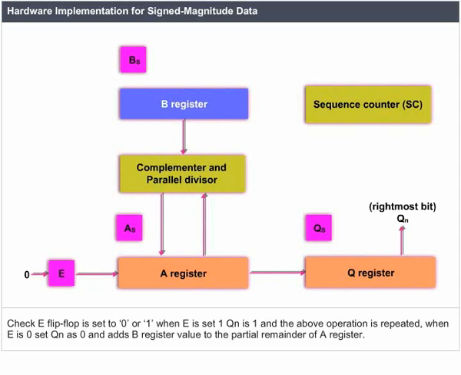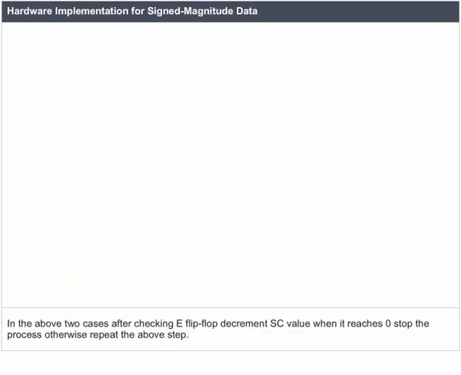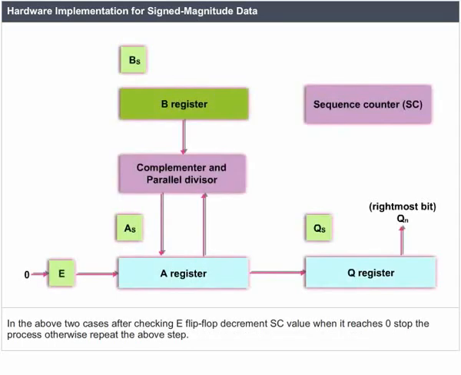When E is 0, set Qn as 0 and add B register value to the partial remainder of A register. In the above 2 cases, after checking E flip-flop, decrement SC value. When it reaches 0, stop the process. Otherwise, repeat the above step.